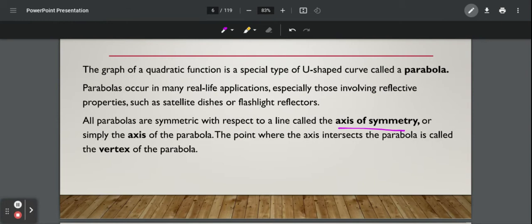The point that the axis intersects the parabola is the vertex. So if you had a parabola and this was your vertex, your axis of symmetry, or sometimes we'll just say the axis, your axis always goes through the vertex.